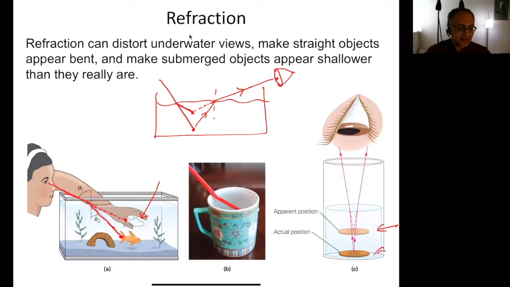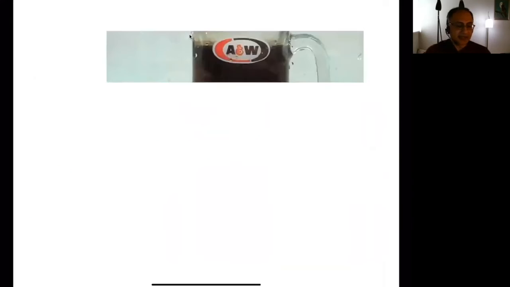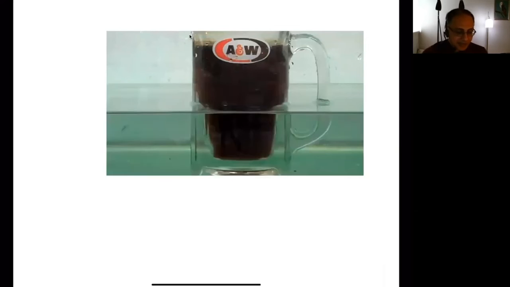All right. So here's another application, a consequence of refraction. This is a standard beer mug, and you can see that it seems to be filled with root beer, right? However, if you immerse this beer mug underwater, you can see that a lot of it is actually glass.